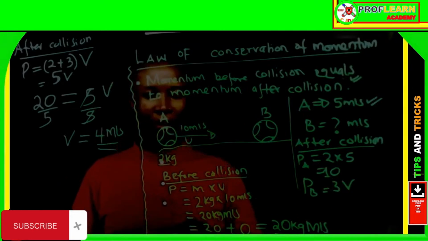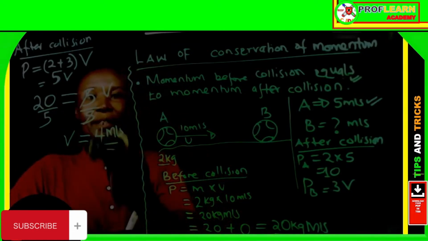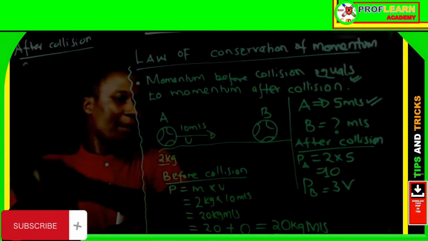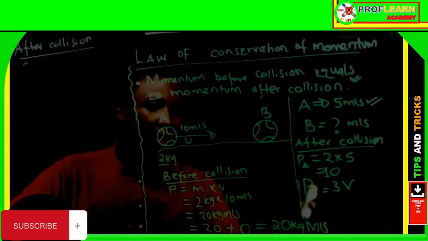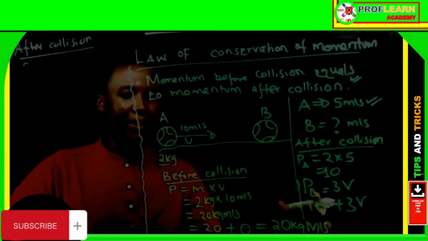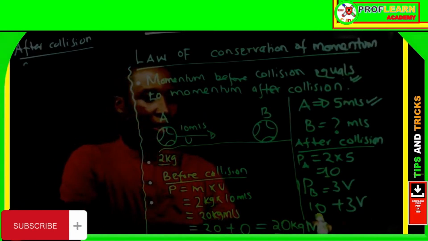Then from here, we can again use the law of conservation of momentum. How are we going to go about it? The sum of momentum after collision is going to be 10 plus 3v. This is the momentum after they collide. But the momentum before they collided was this.